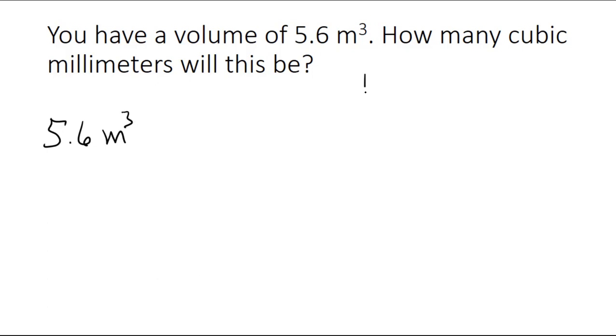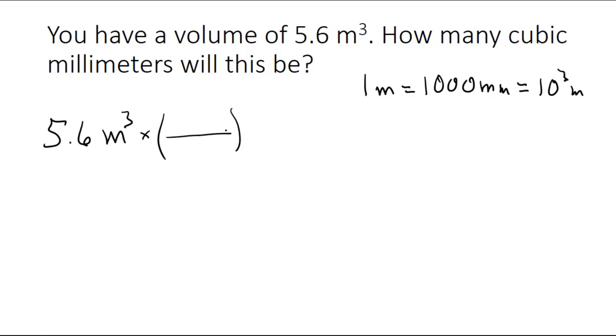Something I need to know is that 1 meter is equal to 1,000 millimeters. And for this problem, it's going to be easier to write that as 10 to the 3rd millimeters. A little shorthand notation there. So I'll multiply by a funny looking 1. Meters on top here, I want them on the bottom here.